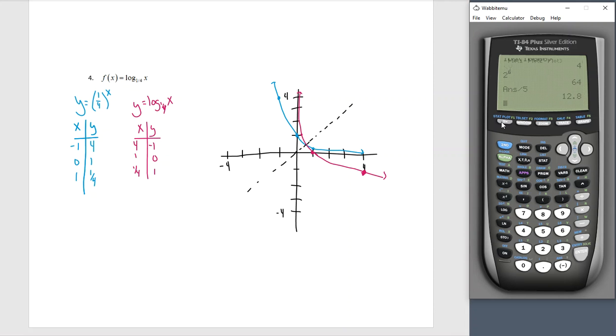Exponential functions are the easiest and quickest ways of graphing logarithmic functions by hand. If you were going to graph on a calculator, I would use the change of base formula. I would say the natural log of x divided by the natural log of 0.25, right, 1/4. And when I create that graph, we'll just get this portion of it.